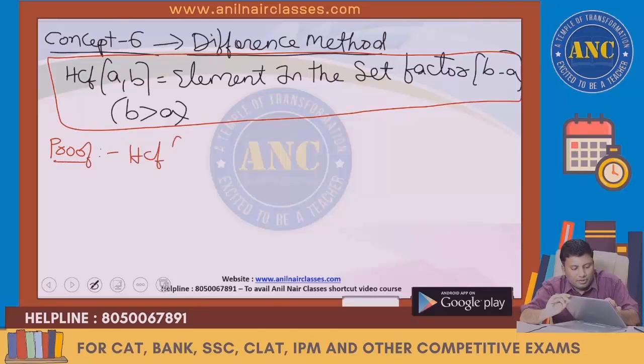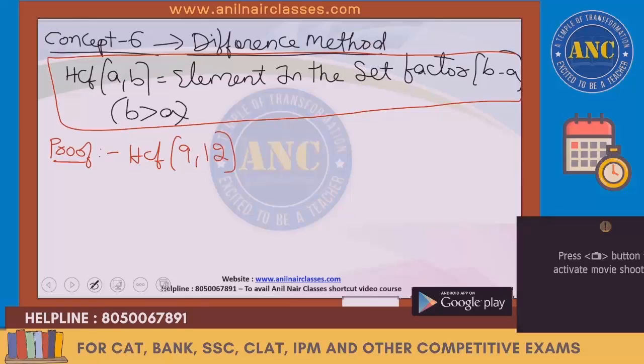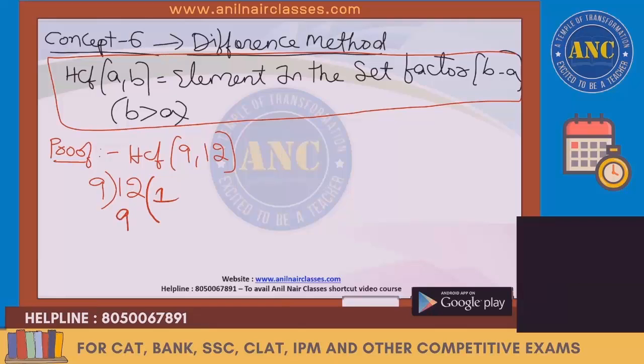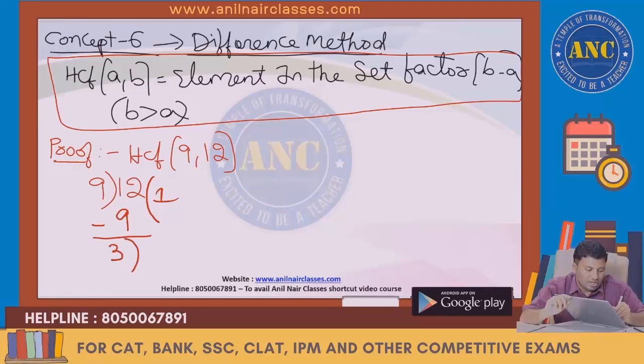HCF of 9 comma 12. In our school days, we divided 12 by 9. 9 ones are 9. I took the difference, 3, and checked whether 3 divides 9. 3 3s are 9, remainder is 0.